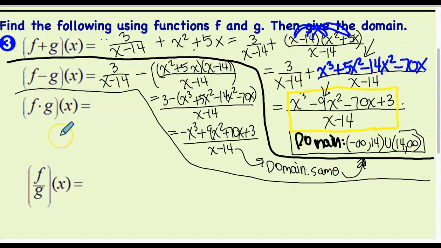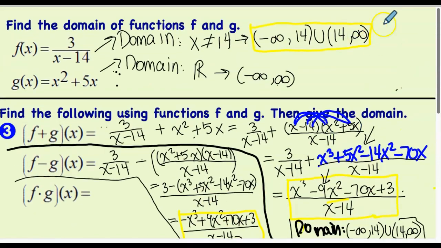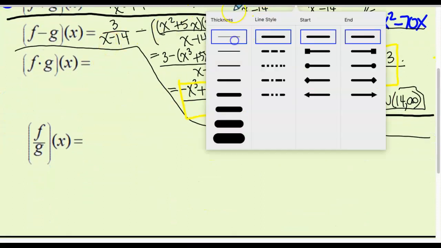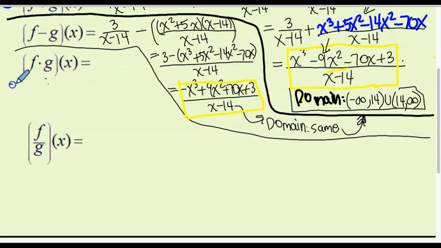So if you multiply these two functions, you have a rational f of x and a quadratic g of x. It's rational because it's a fraction. It is quadratic. So look at the domain of each of those, and we'll go ahead and multiply first. So we're going to take f of x, and parentheses are definitely a good idea. Going to save you from making some mistakes along the way.